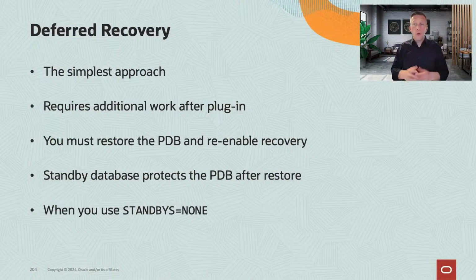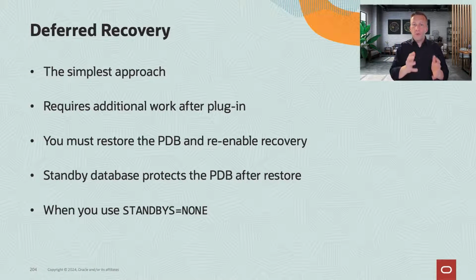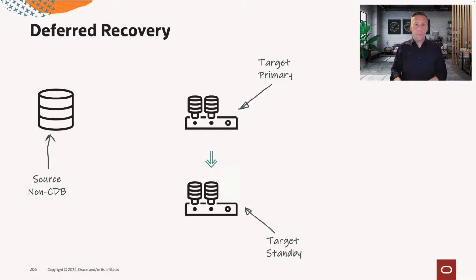Thanks, Mike. A simpler approach for your standby databases is to use deferred recovery. With deferred recovery, you need to restore the data files onto each of your standby databases after the plugin operation. Until you've done that, the standby databases do not protect your new PDB.